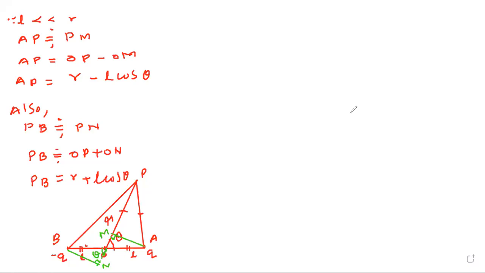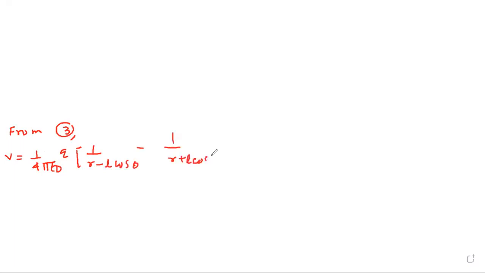Now I'm just putting this R minus L cos theta, R plus L cos theta in equation 3. So from the third, V is equal to 1 upon 4 pi epsilon naught Q, 1 upon AP, that is R minus L cos theta, minus 1 upon PB, which is R plus L cos theta.